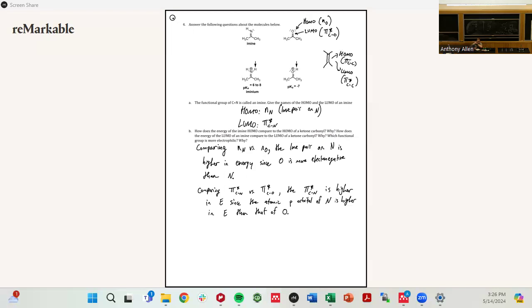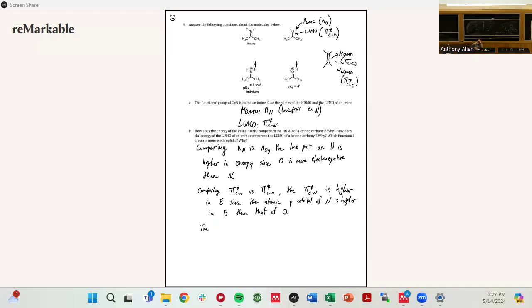If you have a lower LUMO, it's easier to donate electrons into you, right? It's like lowering the basketball hoop. So if the LUMO of pi star CN is higher in energy, that would make it like you're raising the basketball hoop, so it's more difficult to put electrons into it, which would make the CO LUMO a better or worse electrophile? Better. So which one's the more electrophilic?